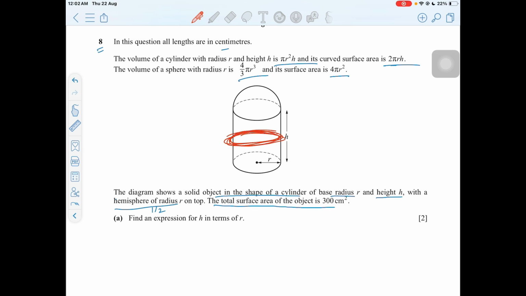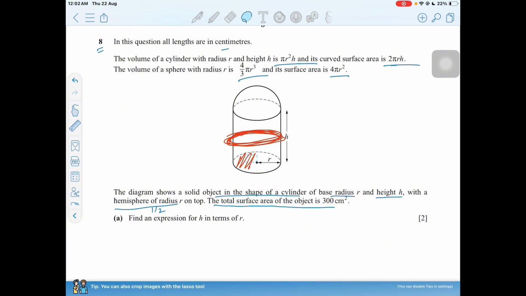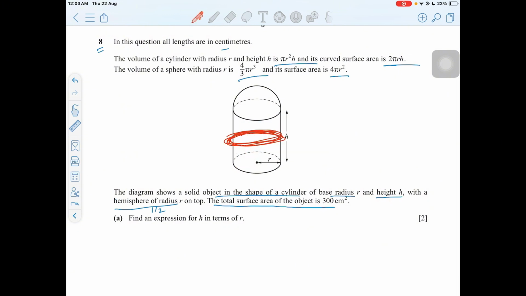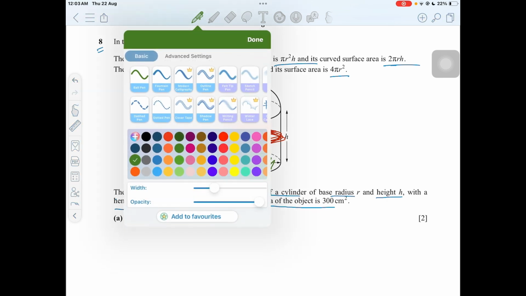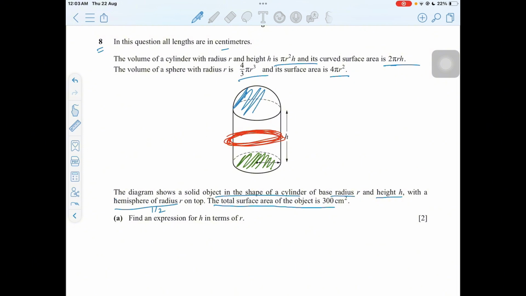You can touch the curved surface area of this object, you can touch the bottom side of this object, and you can touch the upper side of this object, right? So we have curved surface area of cylinder added with area of circle added with area of hemisphere, right?